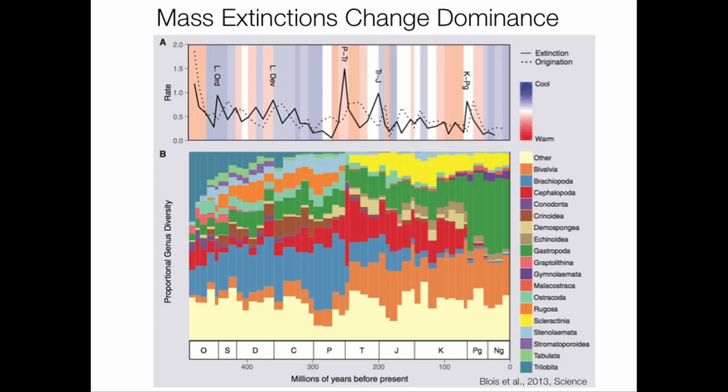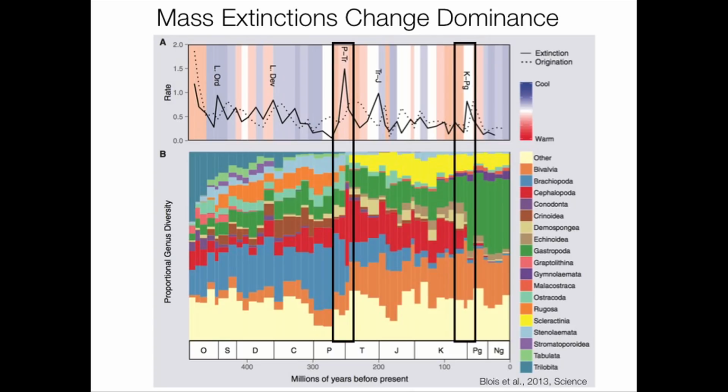Okay, so if we highlight the Permo-Triassic and the KPG, we can see big shifts in the dominance of organisms, especially at the KPG actually, which is kind of interesting. We saw big ecological shifts back here, but in some ways we're seeing big shifts in the dominance of organisms right here.